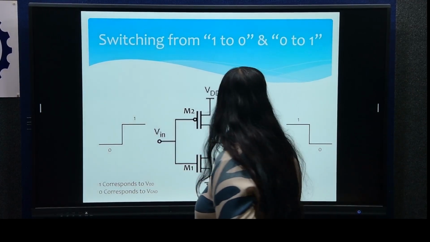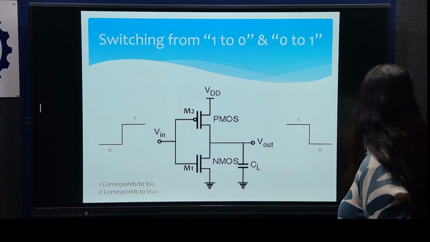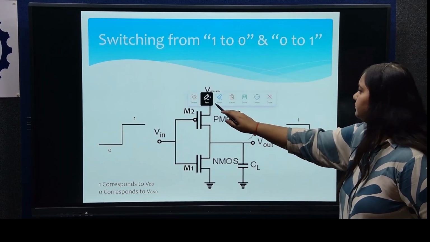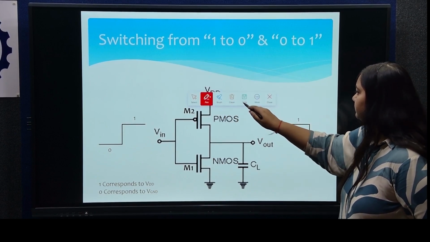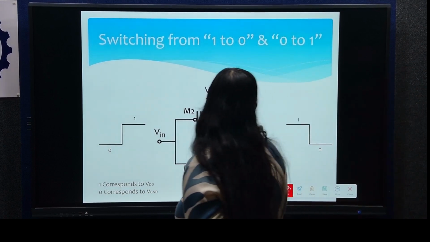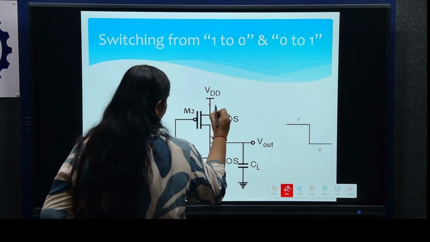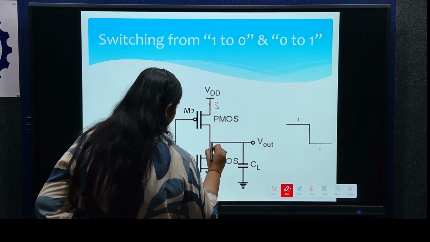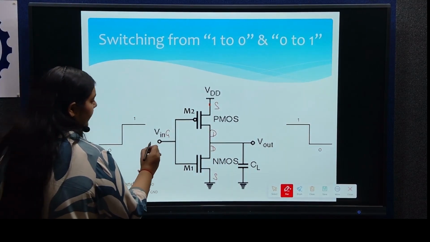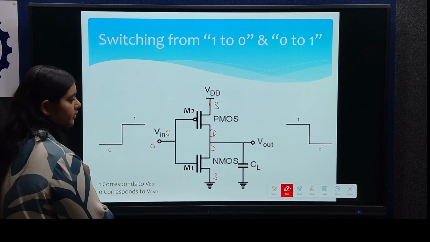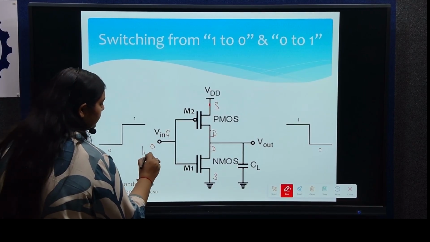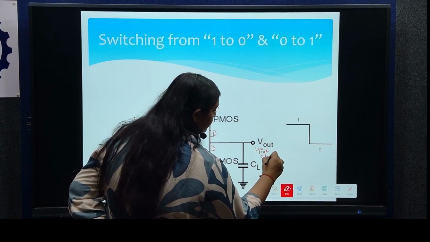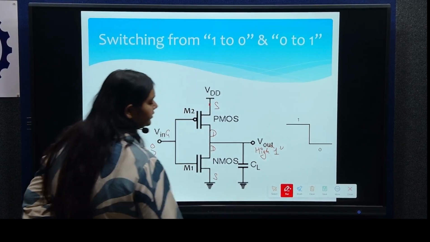When we apply input 0, logic 0, meaning low input, we will get a high output or logic 1.